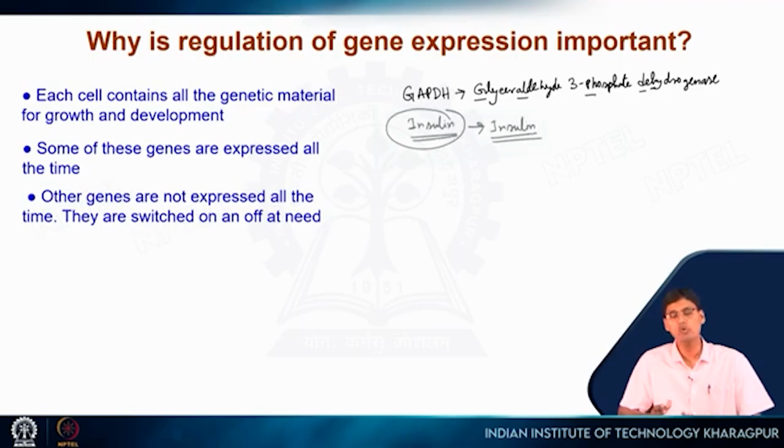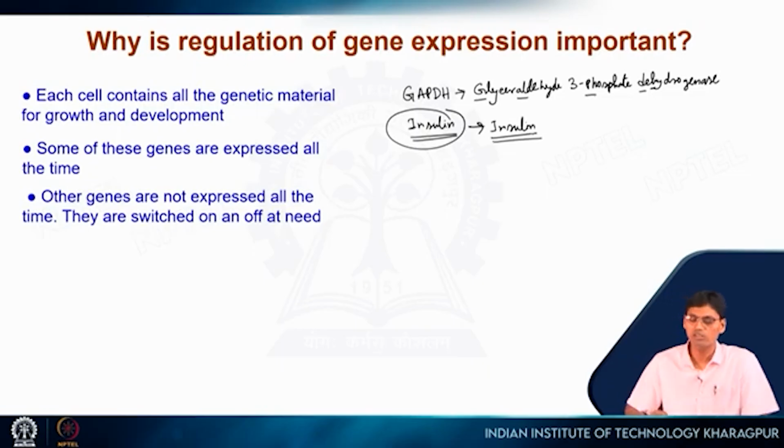But the insulin gene is a tissue specific gene, because insulin is produced in the pancreas only. Although the insulin gene is present in the DNA of every cell, it is expressed only inside the pancreas so that the pancreas can make insulin for us. This is called tissue specific gene expression.